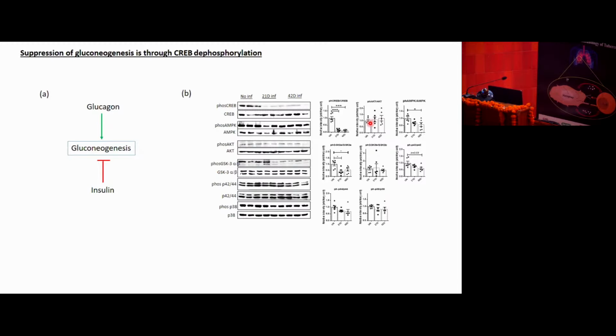In the basal state, we don't see any difference in the insulin signaling. We see a slight difference in the AMPK, which basically interacts between CREB and AKT, glucagon and AKT signaling. And related, like GSK, a slight difference you can see, but the main thing we observe is that phosphorylation of CREB is highly compromised in infection.